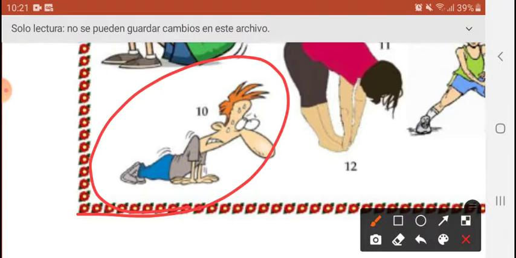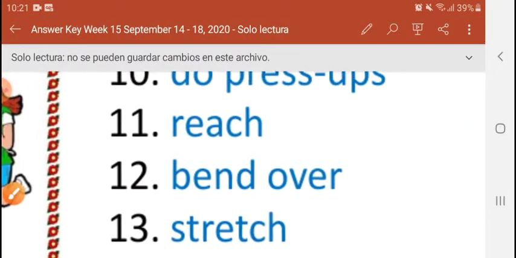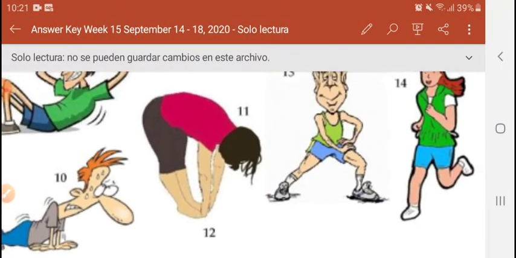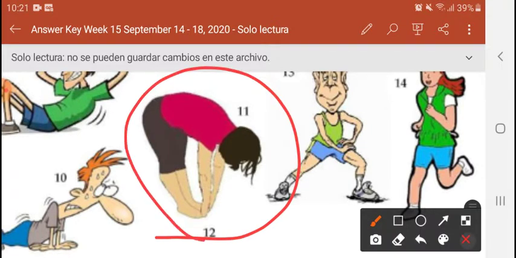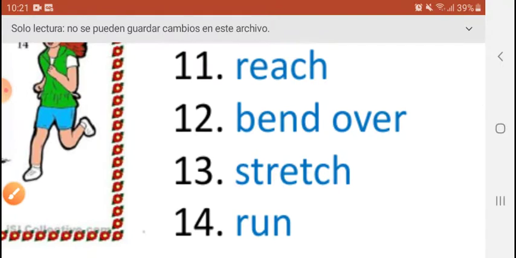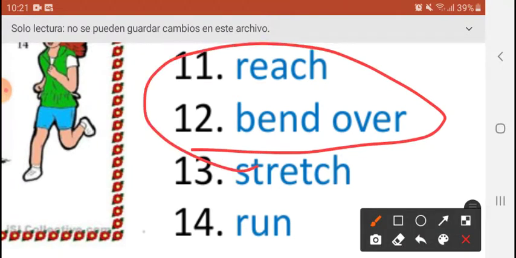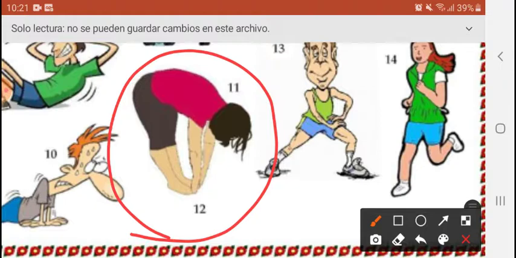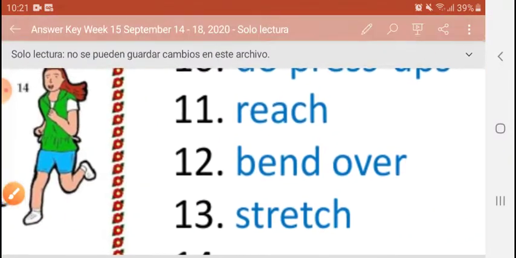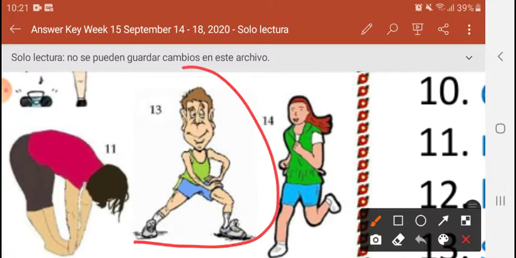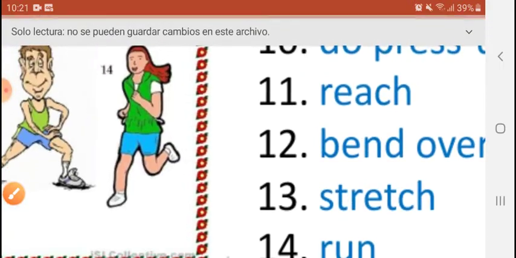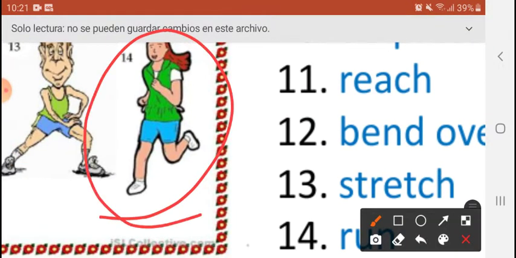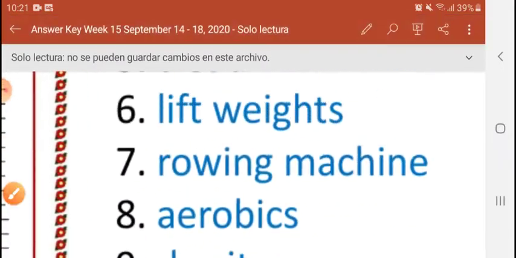Number 11, reach. O también bend over, que es lo mismo. Reach es alcanzar los dedos. Bend over es inclinarse. So both are the same. Number 13, stretch. Estirarse, o estiramientos. 14, run. Okay, so listen and repeat.